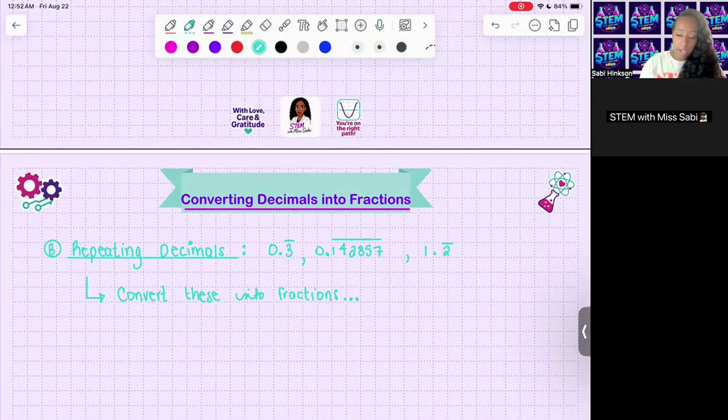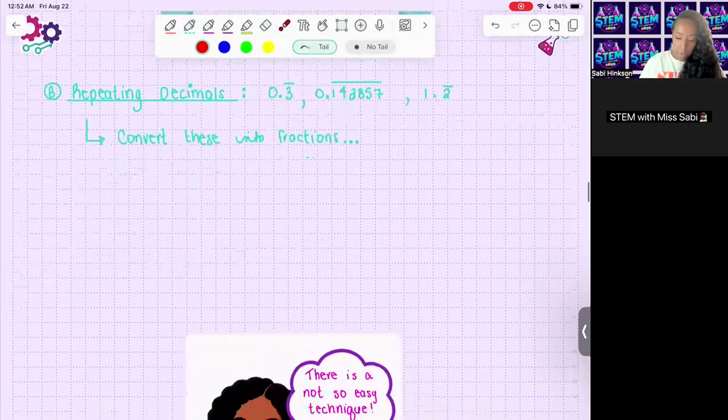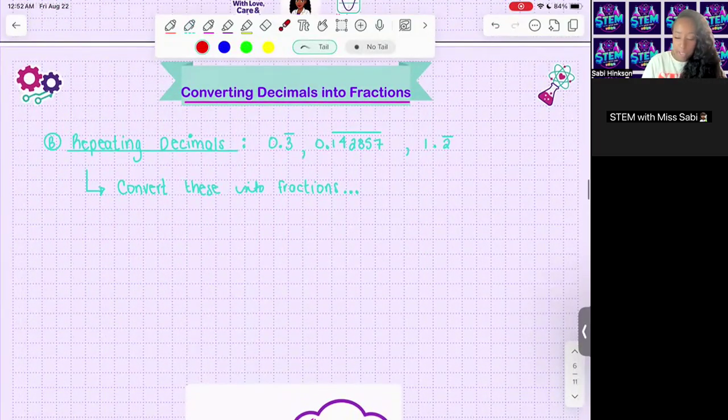So over here, we have 0.3, and this bar on top means that that's what's repeating. Okay, over here, the bar is across this whole sequence of numbers. So that means these numbers repeat themselves over and over again. Same thing over here. That means the 2 is repeating over and over and over again.